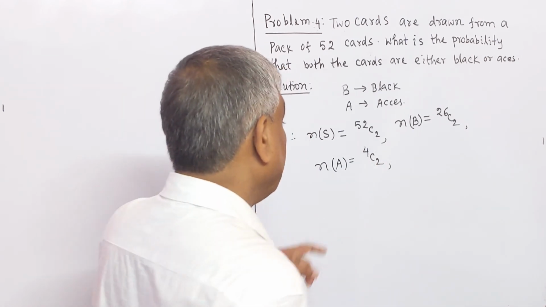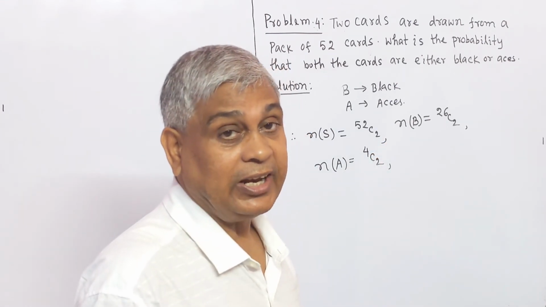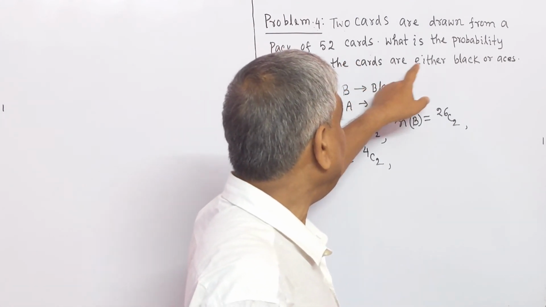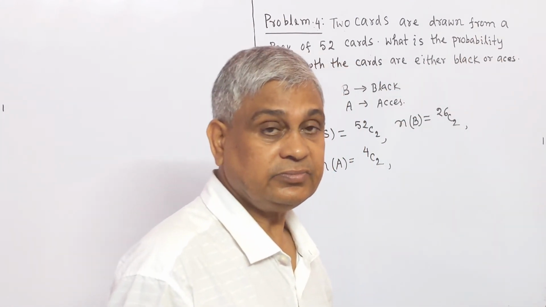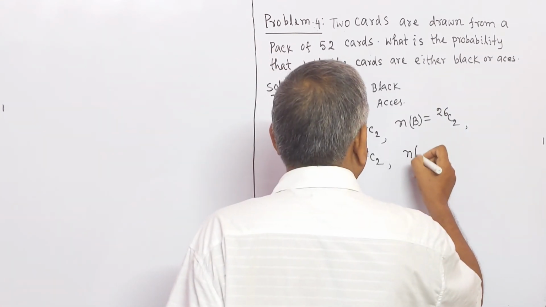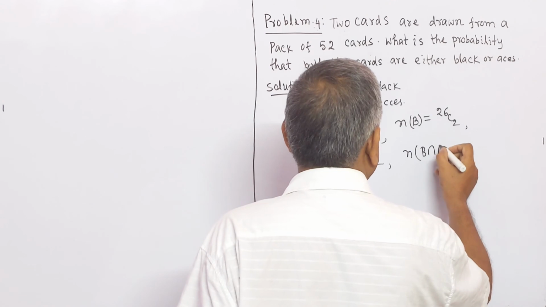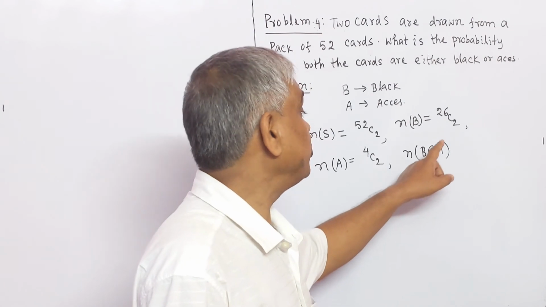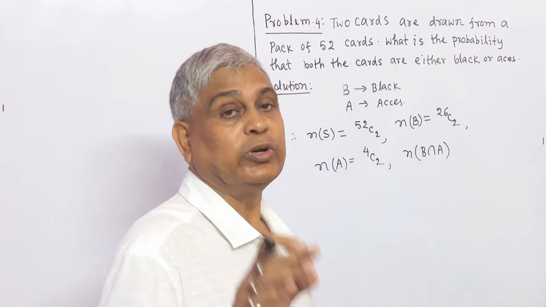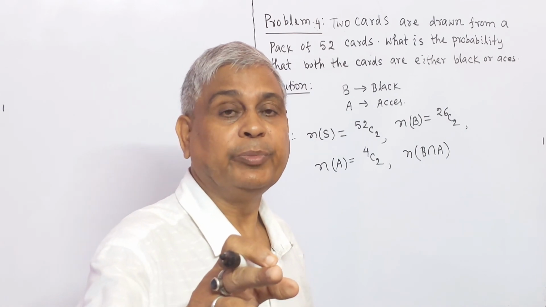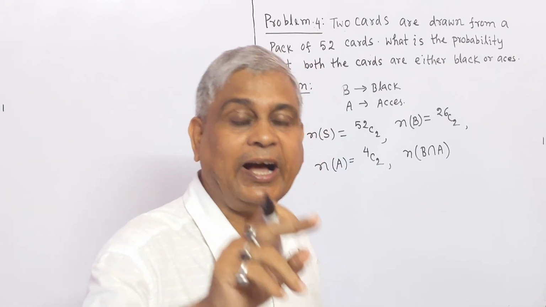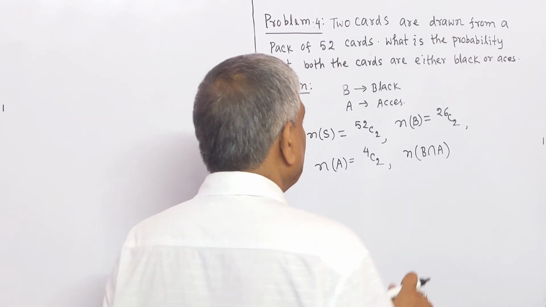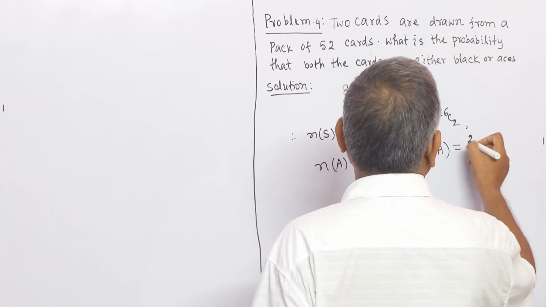But here the problem is related to total probability, because here both cards are either black or aces. So B intersect A means cards which are black as well as aces. So number of such cards is 2. One black ace is spade, the other black ace is clubs. So here 2C2.